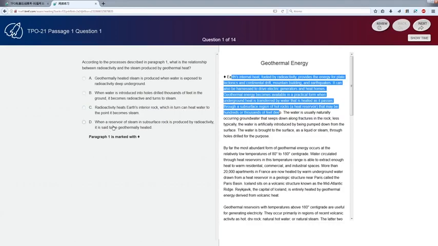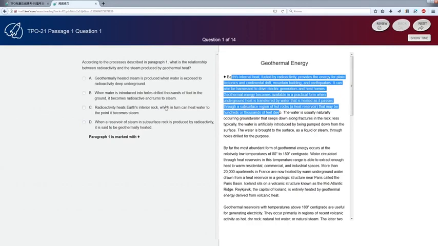When a reservoir of steam in subsurface rock is produced by radioactivity, it is said to be geothermally heated. Not really. I mean, no. There hasn't been anything stated that it is said to be geothermally heated when the steam is produced by radioactivity.